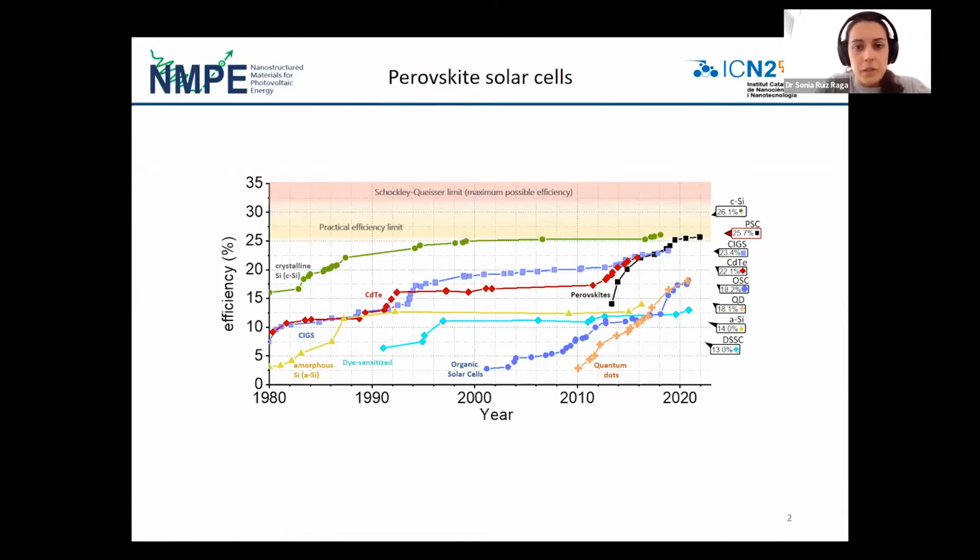So, as we know, briefly, perovskite solar cells have reached impressive power conversion efficiencies in the last few years that are approaching the crystalline silicon devices. And although there is still some room to reach the Shockley-Queisser limit, the performance is reaching the edge of practical efficiency limits that are given by a number of factors that are causing losses in the photocurrent and photovoltage.